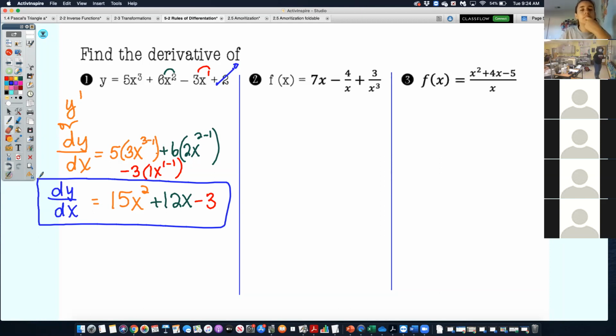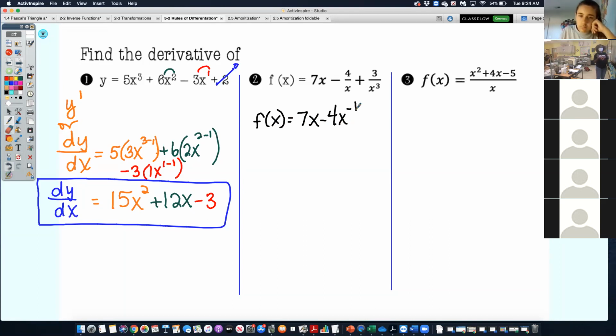Now, if you look at the next one, you might be like, oh my goodness, I have fractions involved. But remember, your laws of exponents says that I can move that x out of the denominator to the numerator by doing what to it? Making it negative, and careful on the verbiage, not flipping it, but just bringing it up.